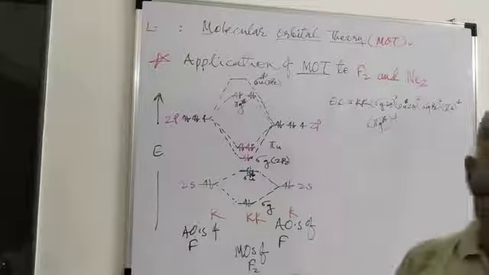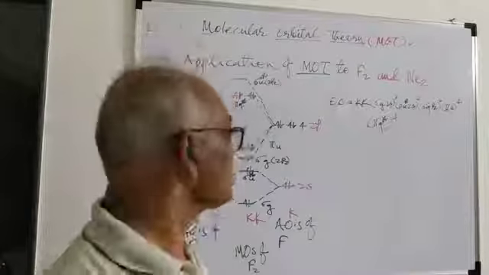So this is the electronic configuration, and we can have the bond order of this.